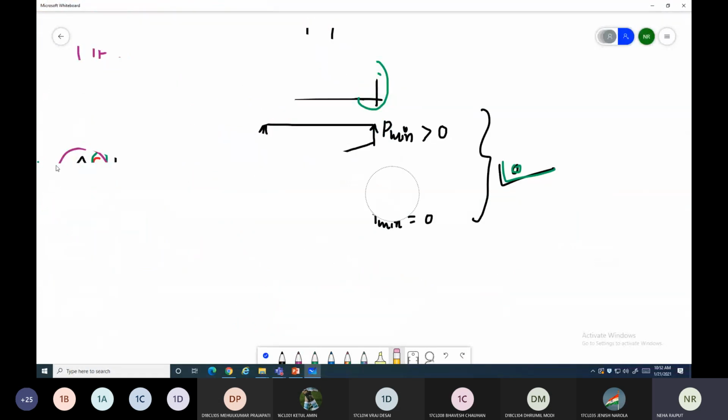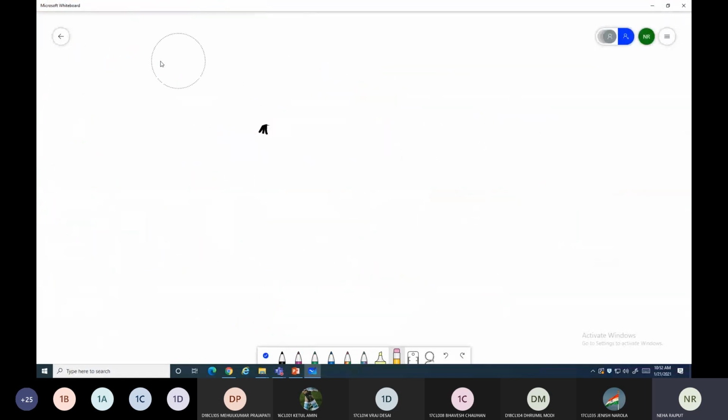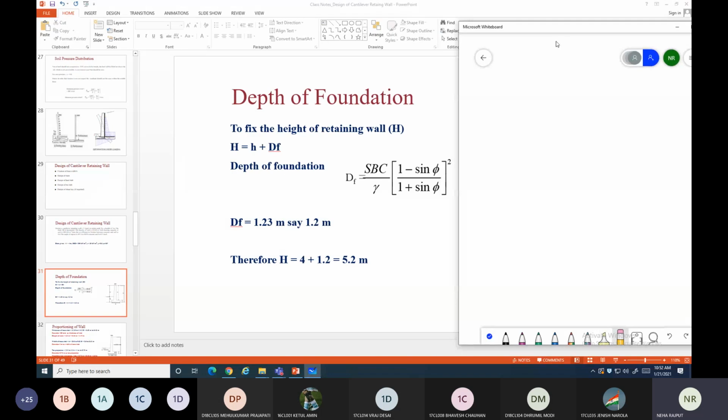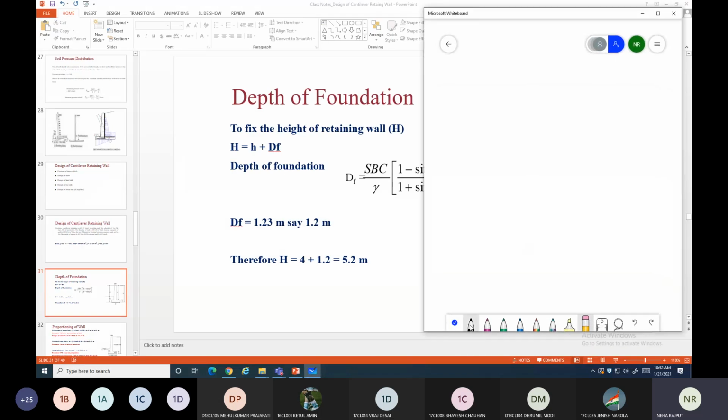Now you are going to do a cantilever retaining wall, T shape.